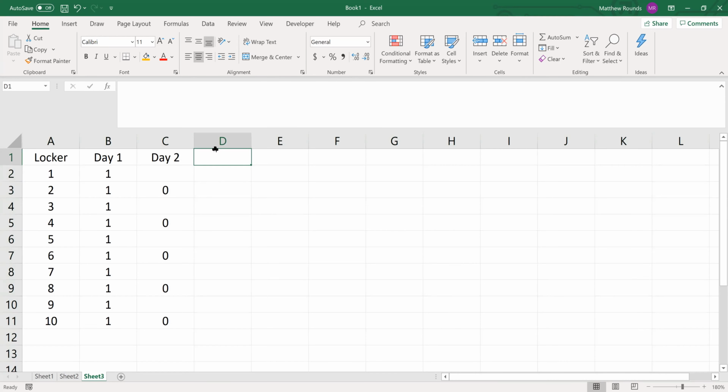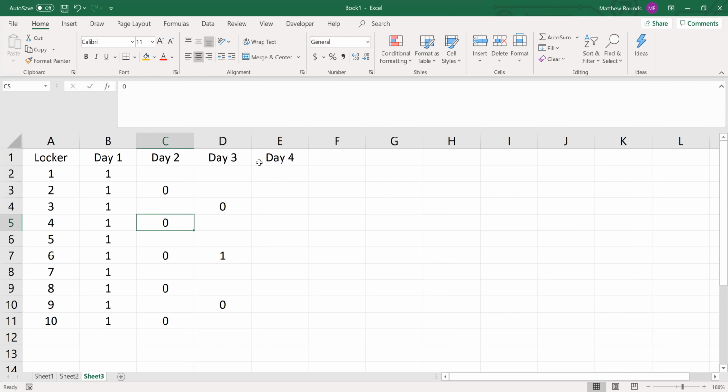Day 3, which ones are divisible by 3? Well, this one is. It was 1, so now it's 0. This one was 0, locker 6, and so it goes to 1. And then this one was a 1, so it goes to 0. Now day 4, we care about this one now, 4. This one was 0.